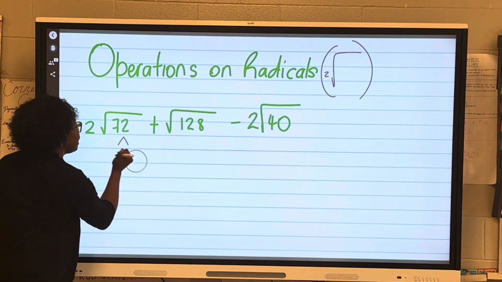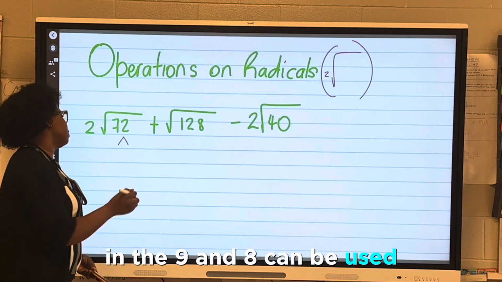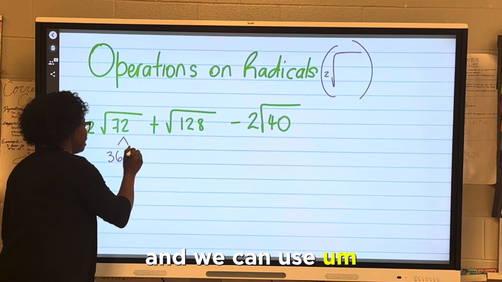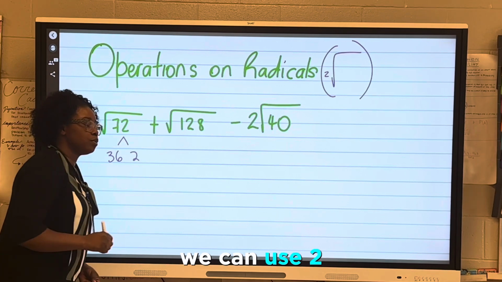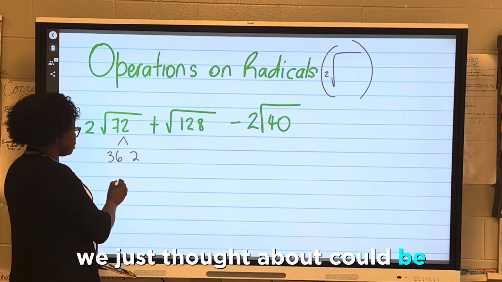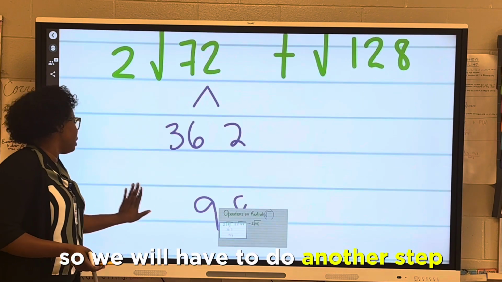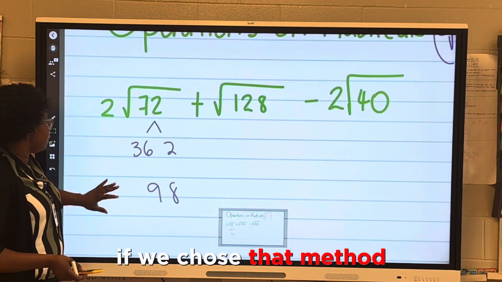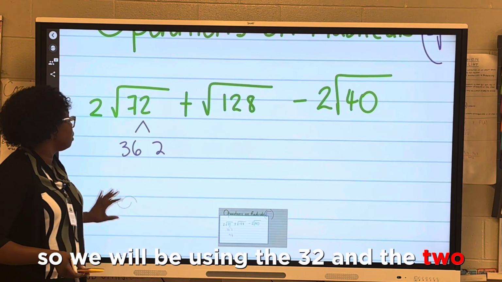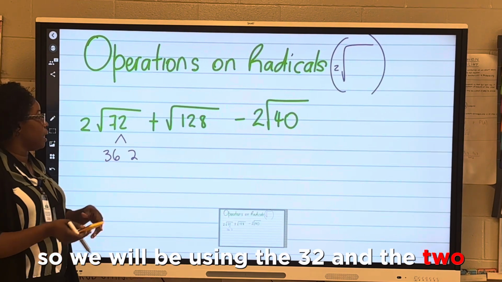So even though 9 and 8 can be used, we can use 36 and 2. The 9 and 8 could work, but the 8 can be broken down further, so we would have to do another step if we chose that method. So we will be using 36 and 2.